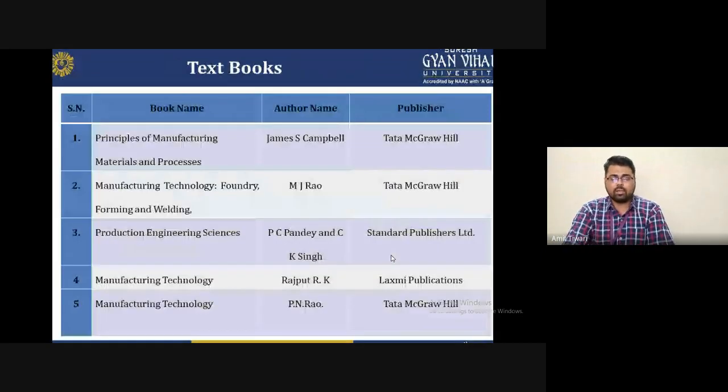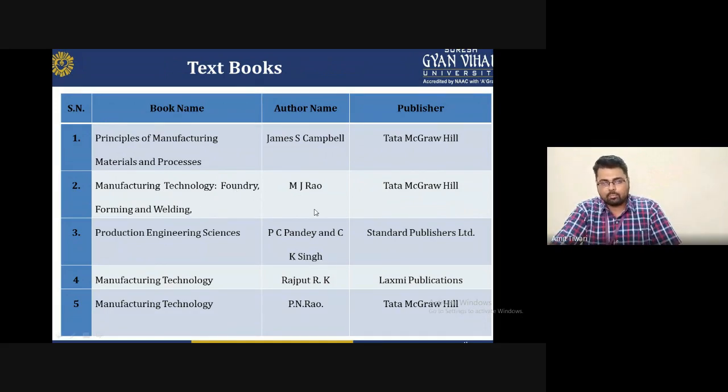At the end of this lecture, I'm giving you some textbooks for study purposes. The books are Principles of Manufacturing Materials and Processes, written by James S. Campbell, published by Tata McGraw Hill. Second is Manufacturing Technology based on Foundry, Forming and Welding, written by M.J. Rao from Tata McGraw Hill.